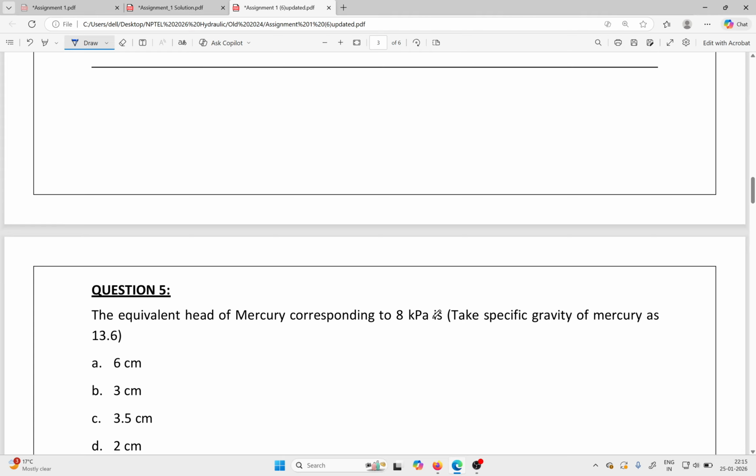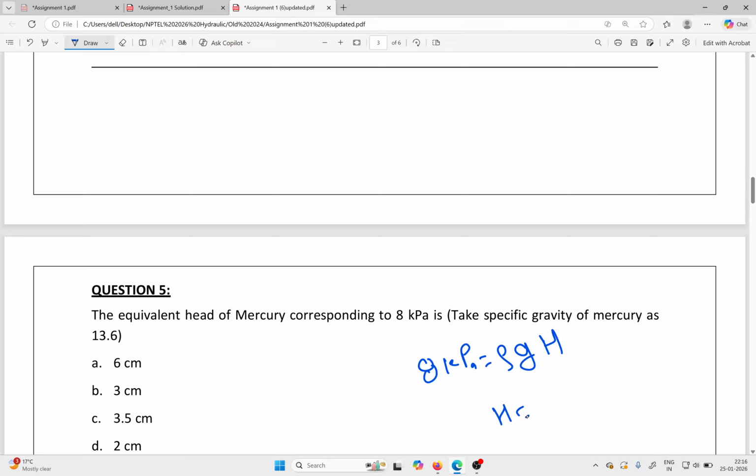The liquid head of mercury corresponding to 8 kilopascal is, take a specific gravity of the mercury is 13.6. So this is also we have already solved. So 8 kilopascal is equal to rho g h.